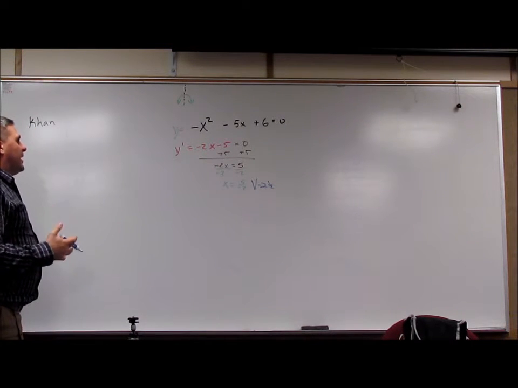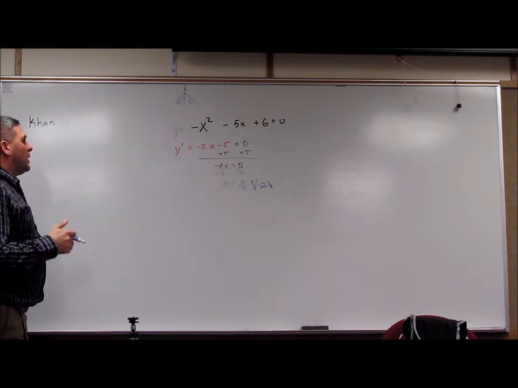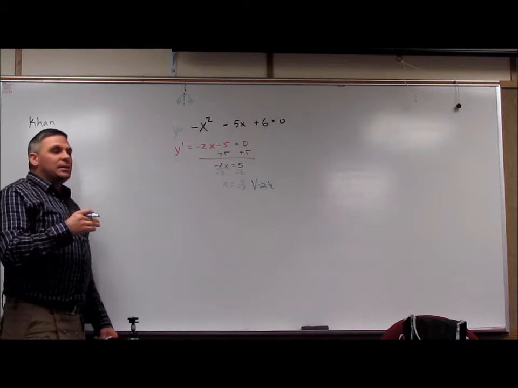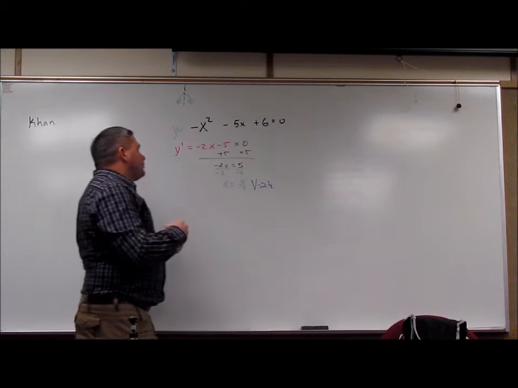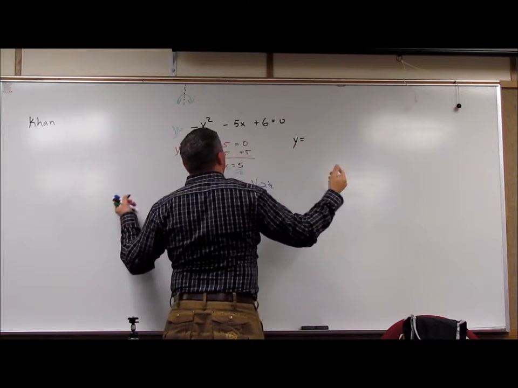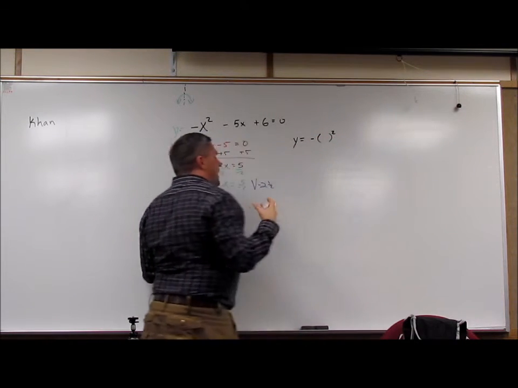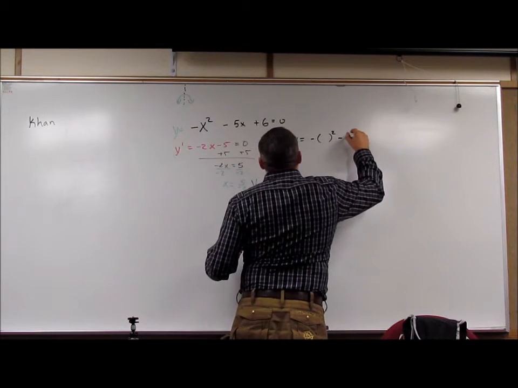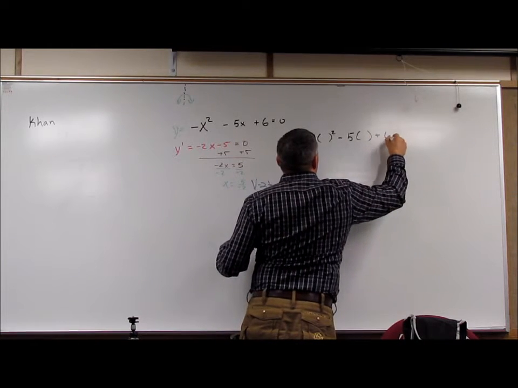And so to find out what y is, I would plug this in and solve it. Okay? So in order to solve it, I need to plug it back into y. What does y equal? Y equals negative x squared, and then minus 5x plus 6.